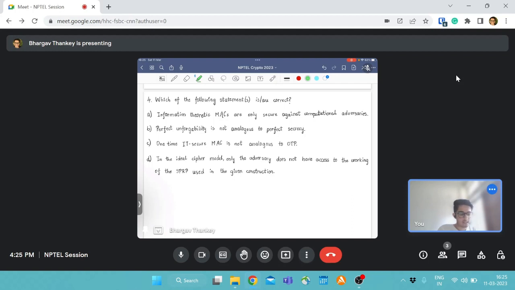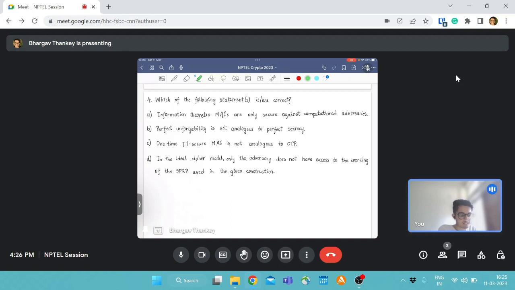Option B is, perfect unforgeability is not analogous to perfect secrecy. Well, this is true because recall that in perfect secrecy, the message was completely secure. That is, an adversary couldn't find out anything about the message. However, in perfect unforgeability, given any message M, the adversary can always guess a tag for M with negligible probability, but this negligible probability is non-zero.